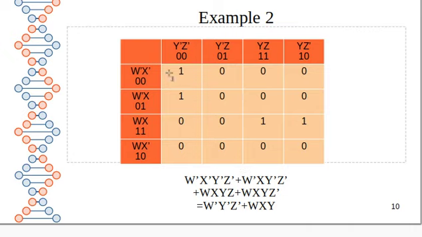From these two we can see that x has been changed, all the other remain same. So we dismiss x here and we keep the other values, that is w bar, y bar, z bar.